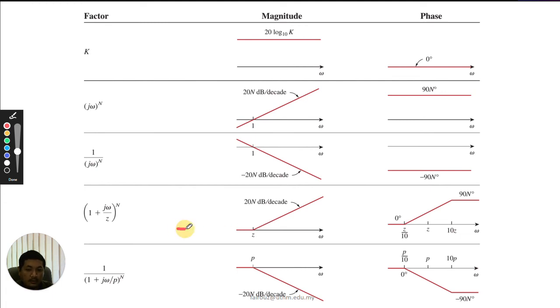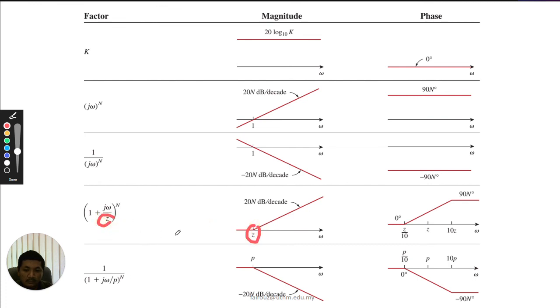It is a straight line at 0 dB, right? Straight line at 0 dB, and when it reaches z, it will start increasing 20 dB per decade, right? 20 dB per decade at z.